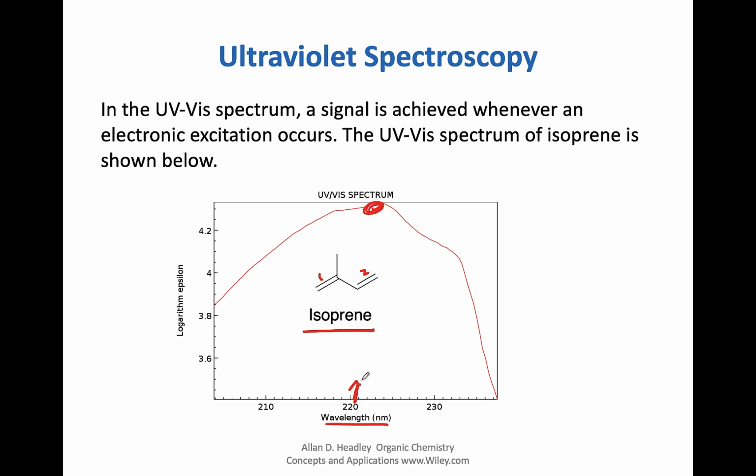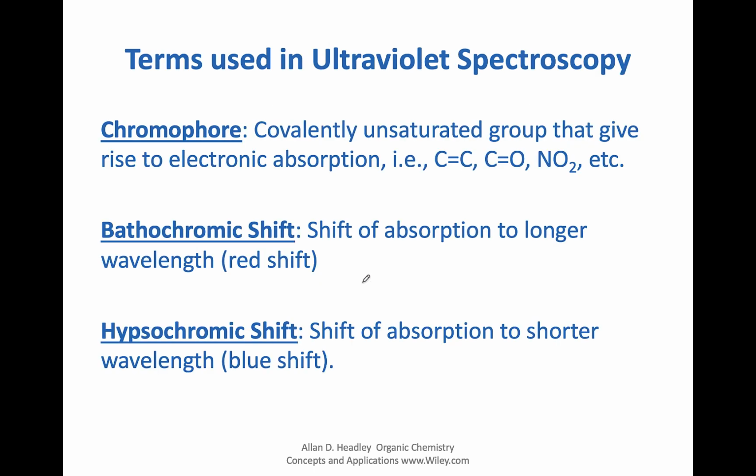And of course, as we have seen from the previous slide, lambda max, lambda here meaning wavelength, is around 220, 222 nanometers. So that's how UV spectroscopy is used to give some information about unknown compounds. It tells us the extent of conjugation within a molecule.